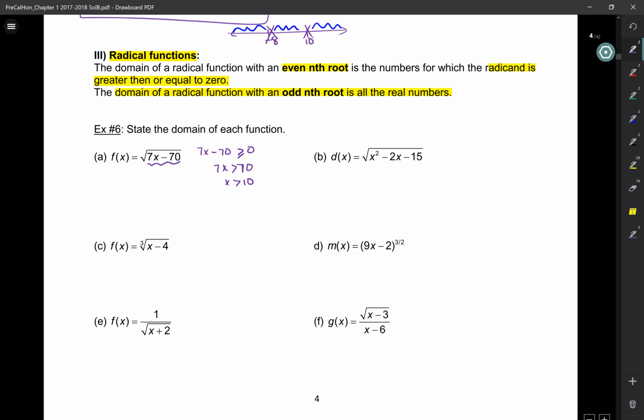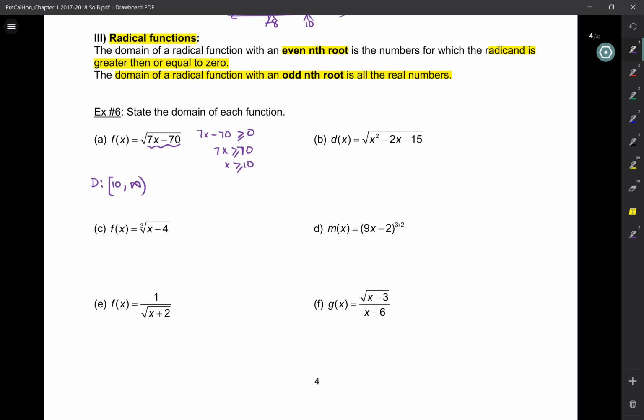So 7x has to be greater than or equal to 70. So it should be greater than or equal to, sorry. So that means my domain is all the numbers greater than or equal to 10, which is 10 to infinity. Let me skip B for a minute. How about C? All real numbers.